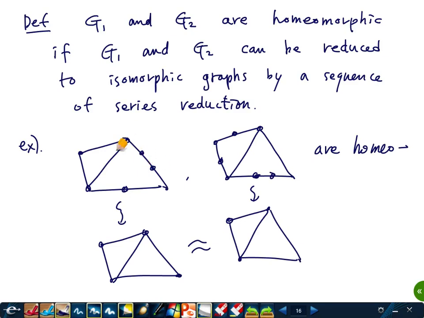If they have the same shape, then basically that means they are homeomorphic. But putting dots doesn't really affect whether the graph is planar or not, because a dot doesn't have any volume there.